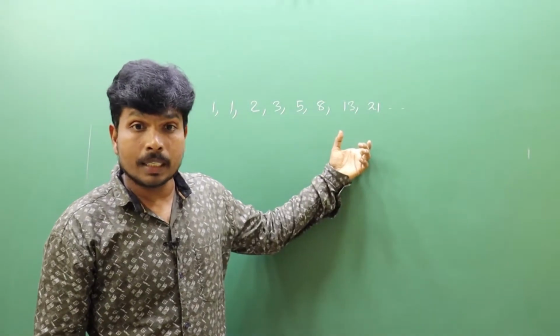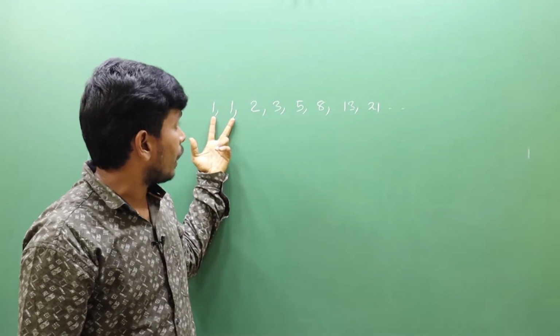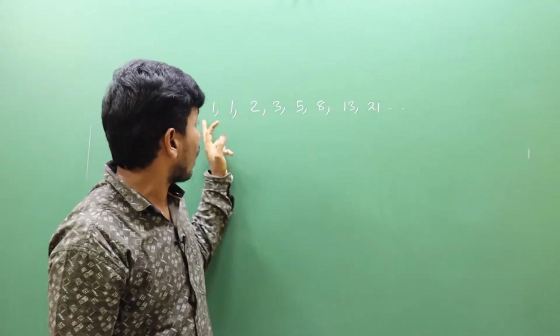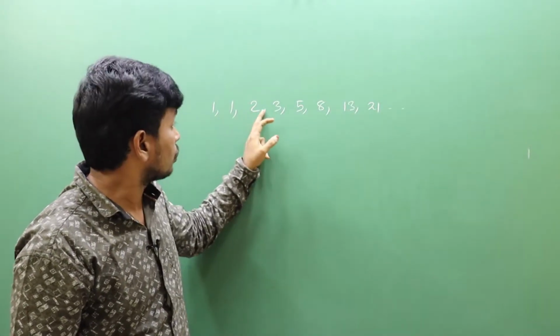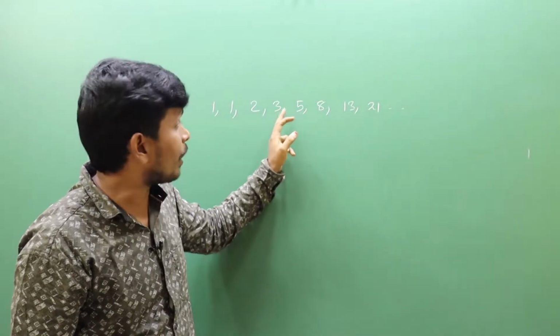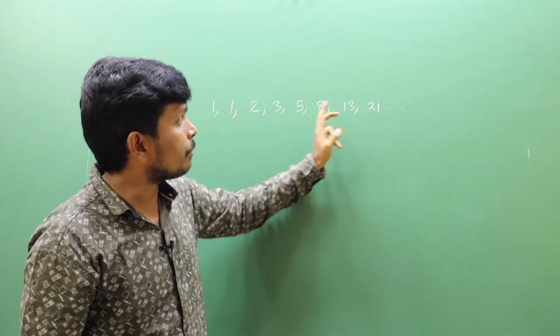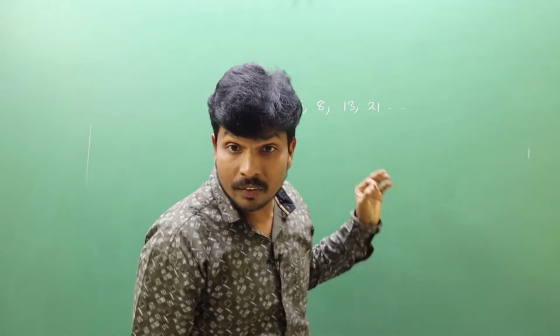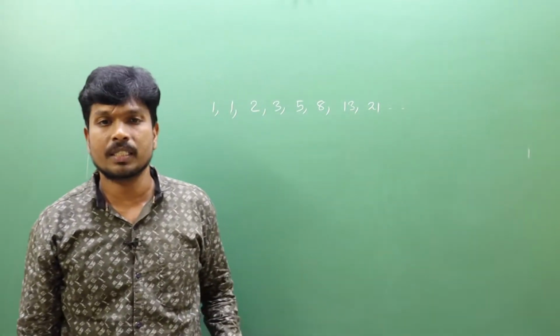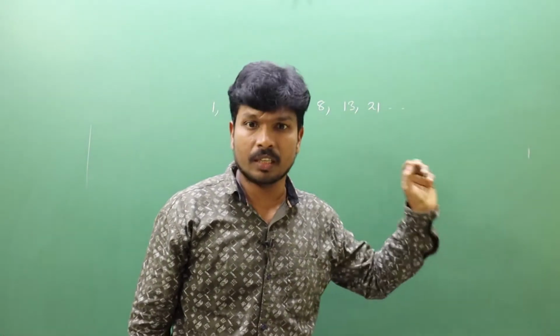Observe these numbers. When adding two terms, you get the next number. This sequence is called the Fibonacci sequence.